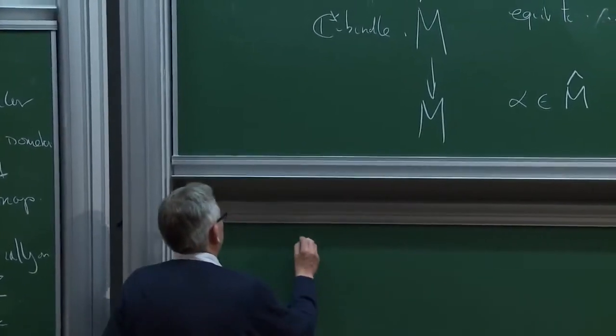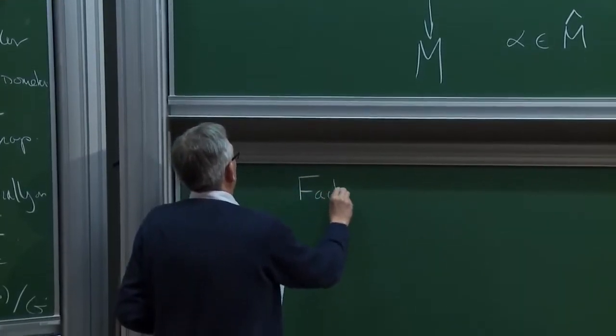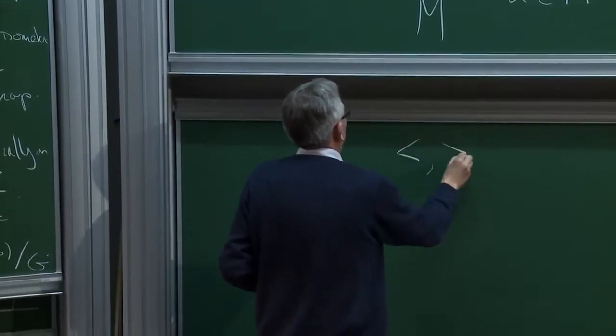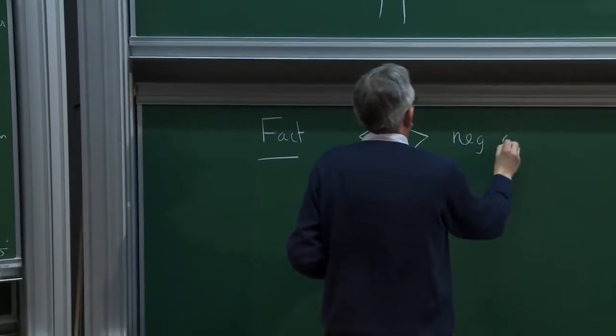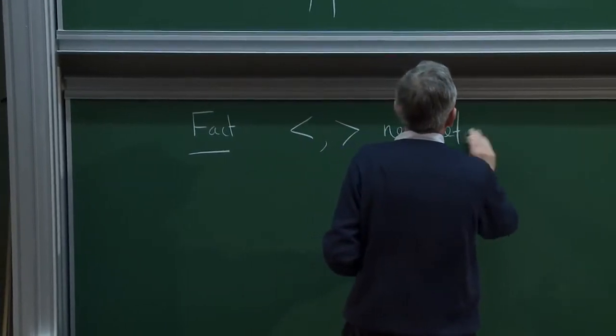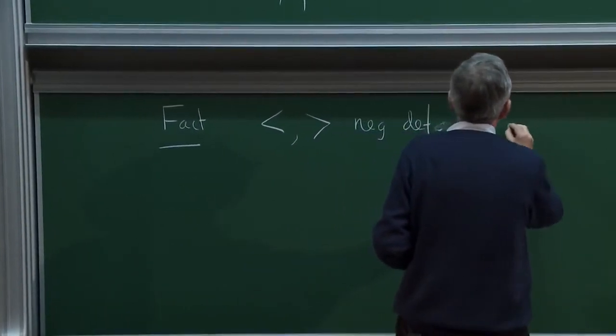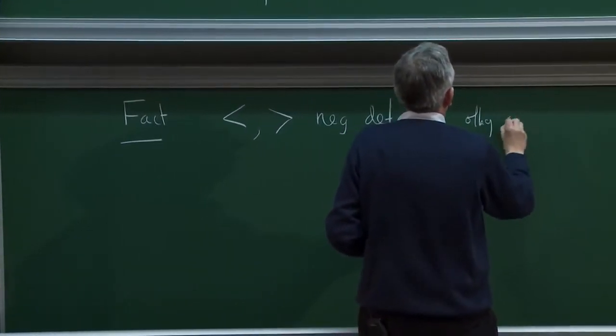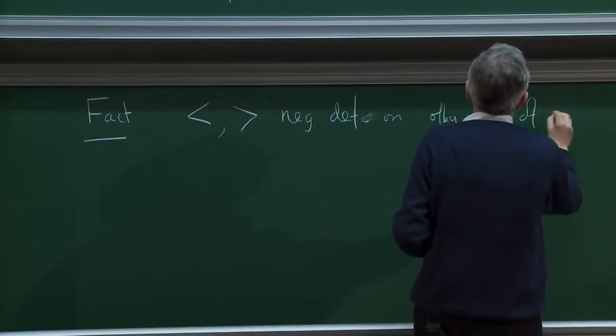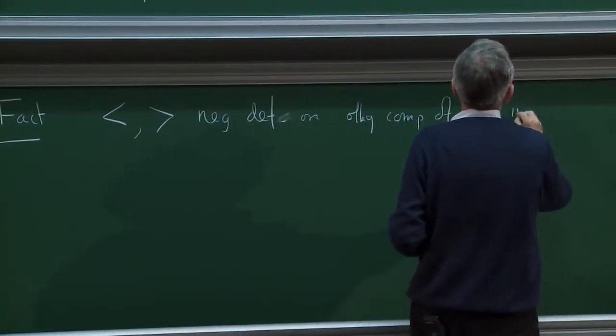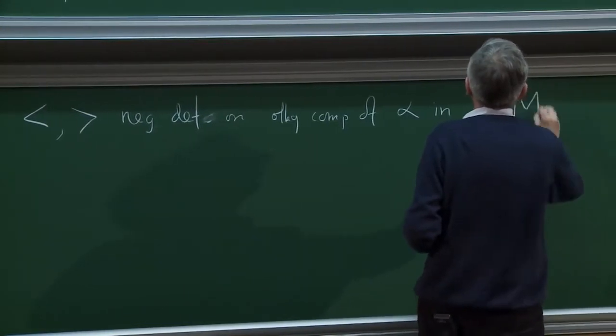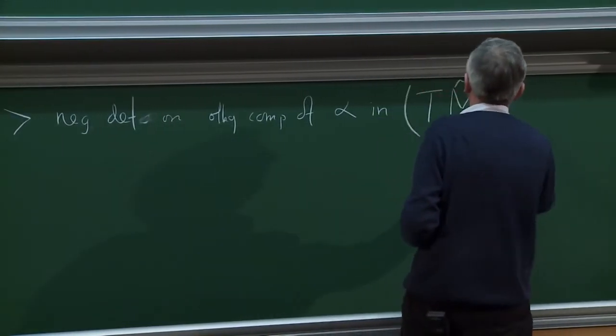So basic fact: the form is negative definite on the orthogonal complement of alpha in T M hat at alpha.